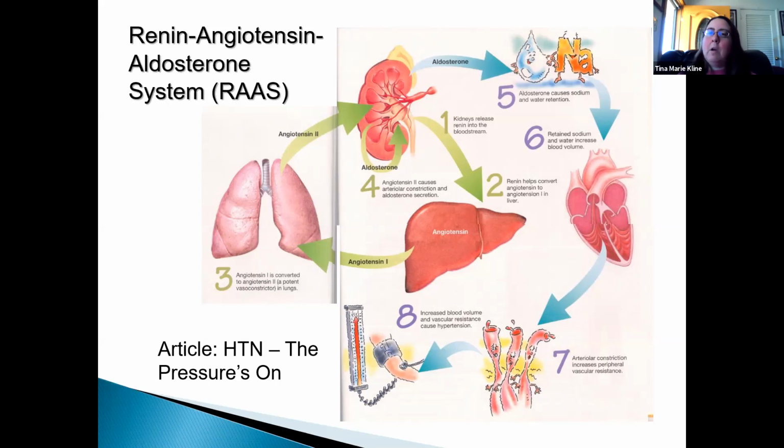And what's really cool is if you take a look at this diagram, as we get to the medications and we talk about the different classes and how they work, a lot of them you can see how they are working in this RAAS system. And if you understand where they're working, it makes sense why you see the side effects that you see. Okay, so please take a look at that article if you have not done so already.